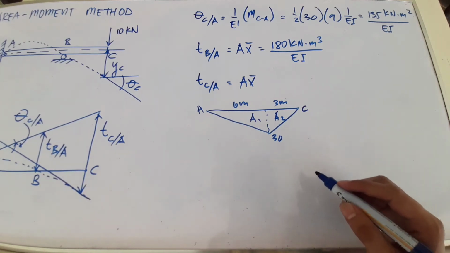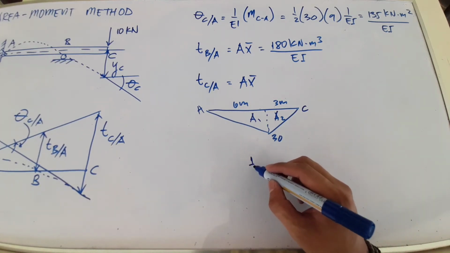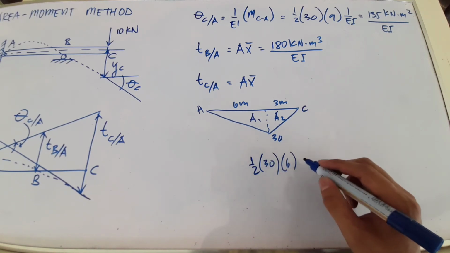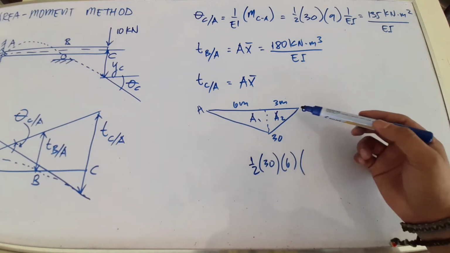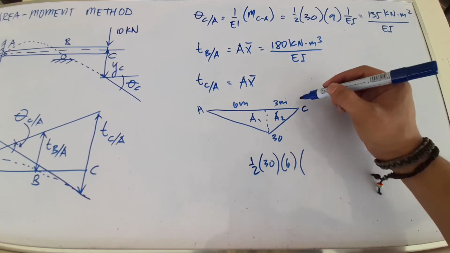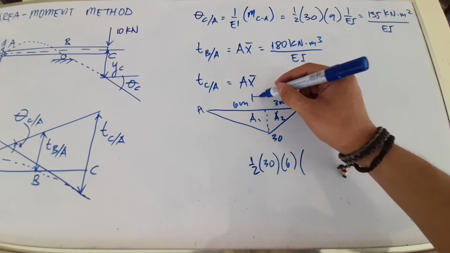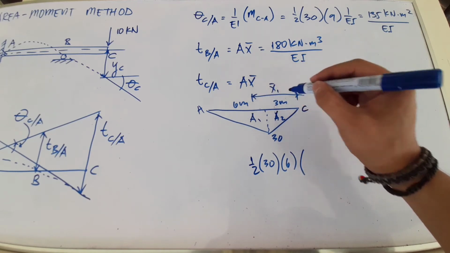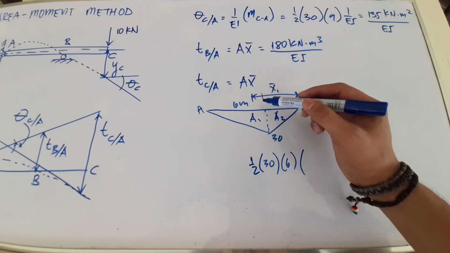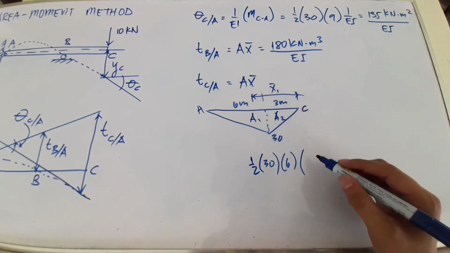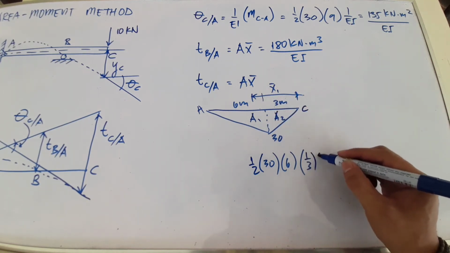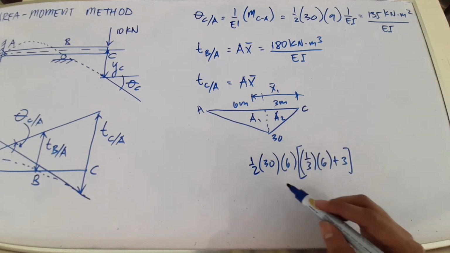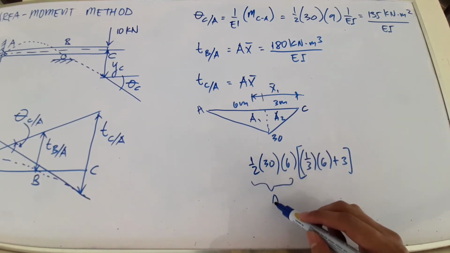So, for area 1, we'll have 1/2 base na 30 times height na 6 times yung x-bar natin since dito natin i-measure yan. X-bar 1. Ito yan, that's x-bar 1. So, 1/3 plus 3. So, you have 1/3 of 6 plus 3 meters. So, ito yung A1.